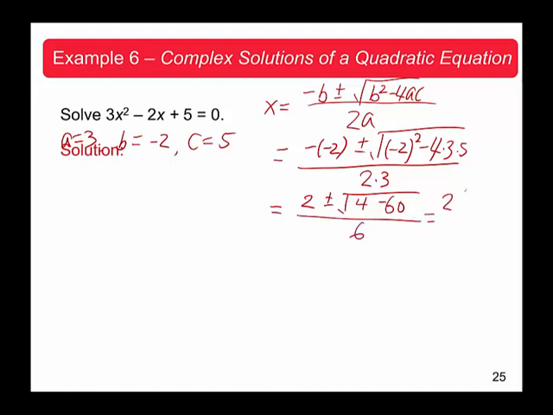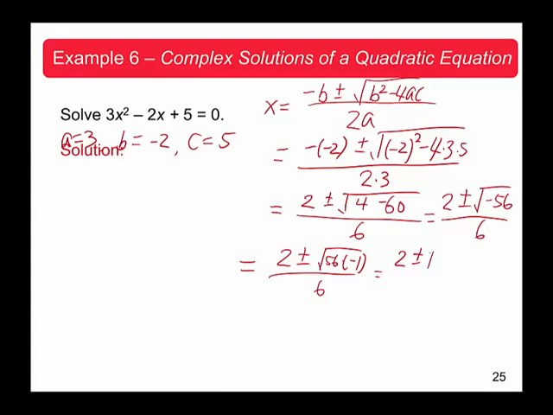So right here, this is 2 plus or minus radical of -56, over 6. So we could simplify this a little bit. 2 plus or minus, just like the previous one, it becomes 56 times -1, over 6. -1 is i squared, so it's 2 plus or minus radical 56 times radical i squared, over 6.